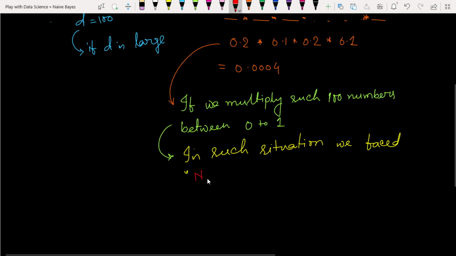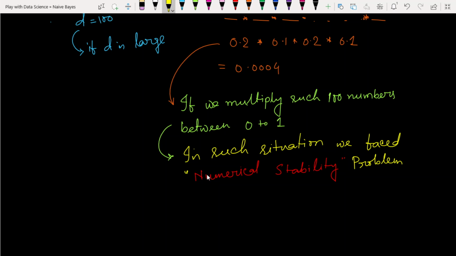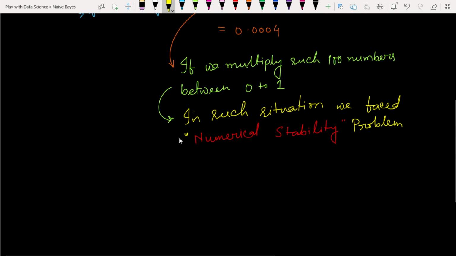In another language, the numerical stability problem is called the numerical underflow problem.